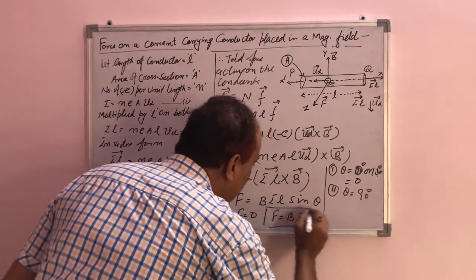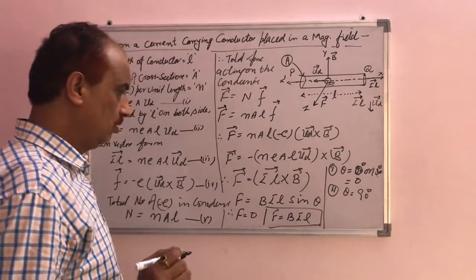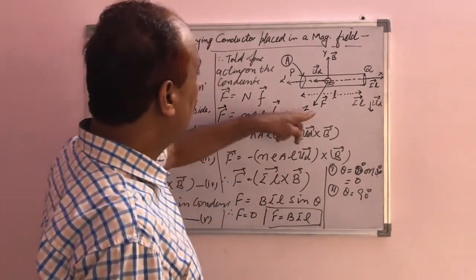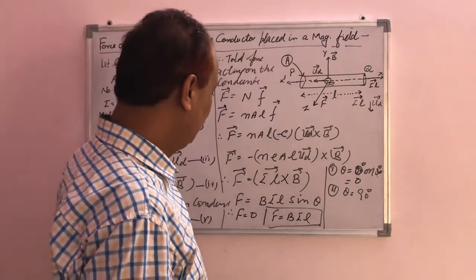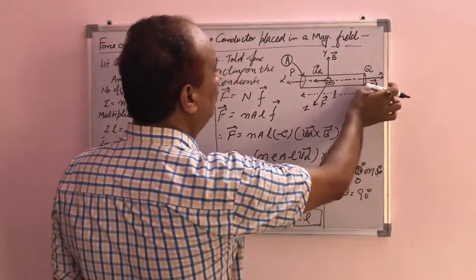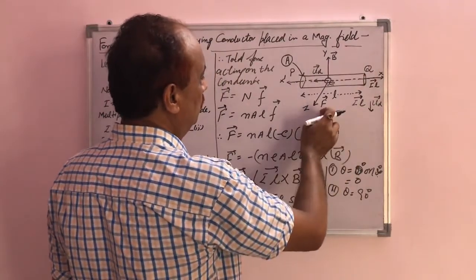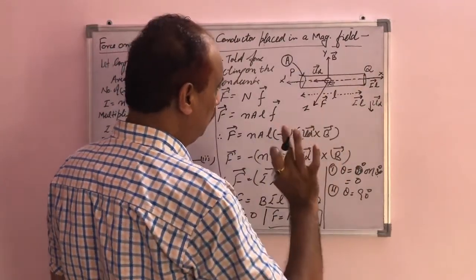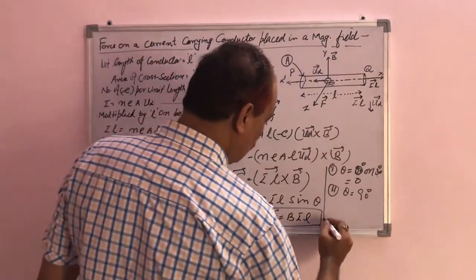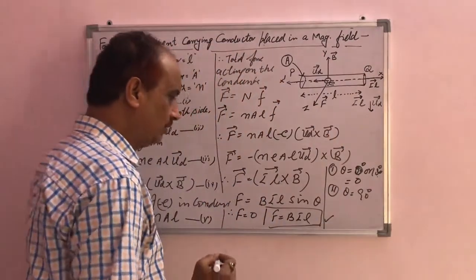This is the maximum force acting on the conductor, when the angle is equal to 90 degree. It means the current element, magnetic field and force are all mutually perpendicular to each other. If all are mutually perpendicular, the maximum force acts on the conductor.